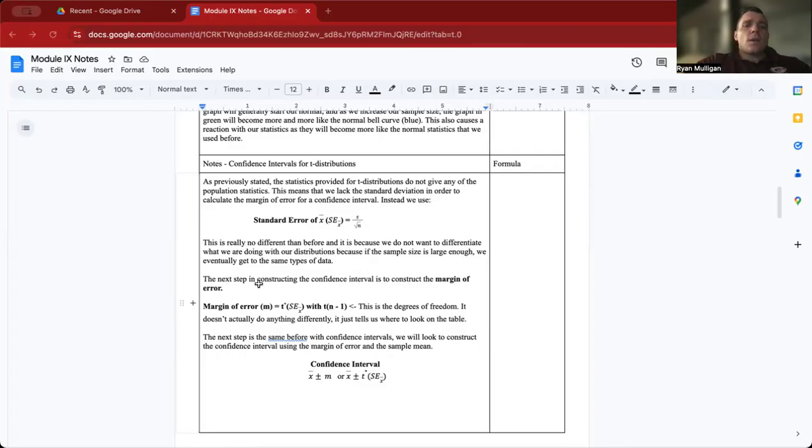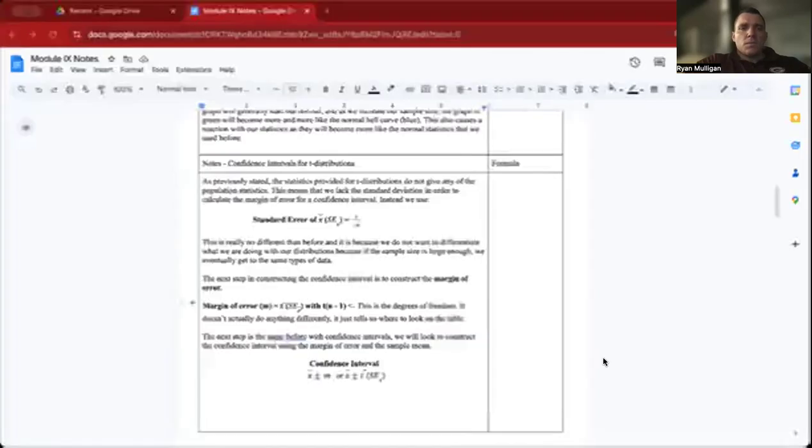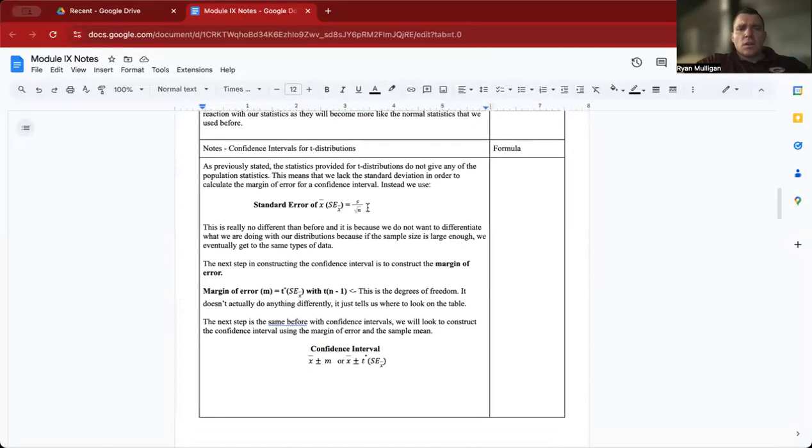So now I've got my standard error. If I go back to my notes, I can see standard error right here. If I want to go to my confidence interval, I can see right here quickly: standard error of X bar times T star. In order to get T star, this is the new stuff.